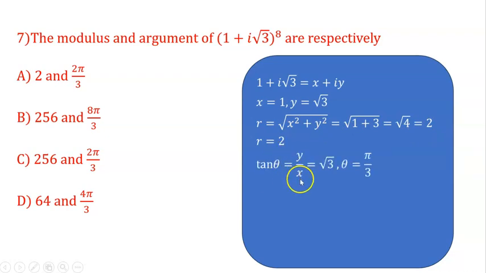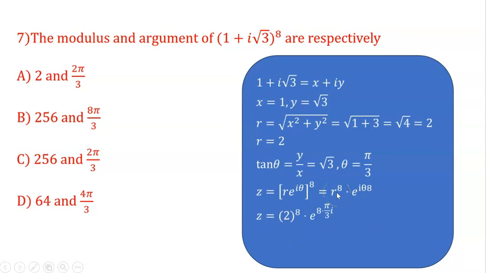Tan theta equals y upon x equals root 3, and hence theta equals pi by 3. Now z equals (r e raised to i theta) whole raised to 8, and therefore r raised to 8 into e raised to i theta times 8.